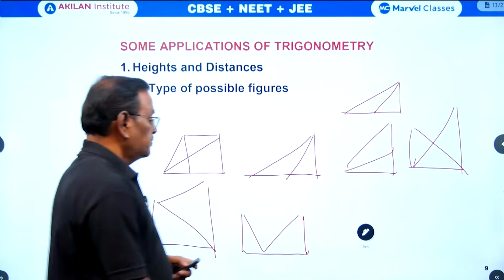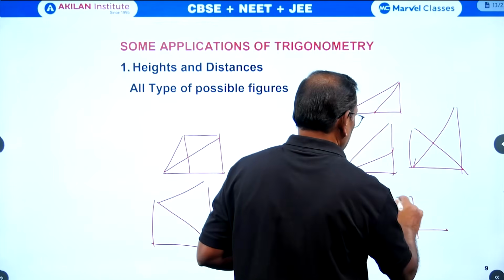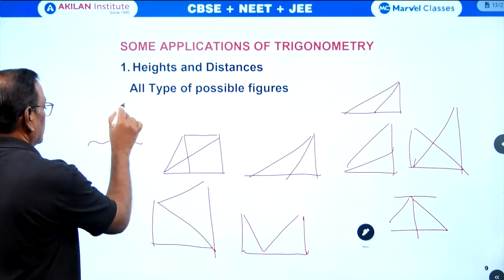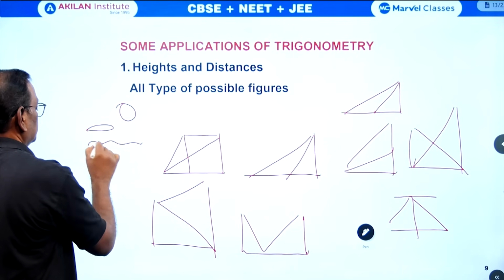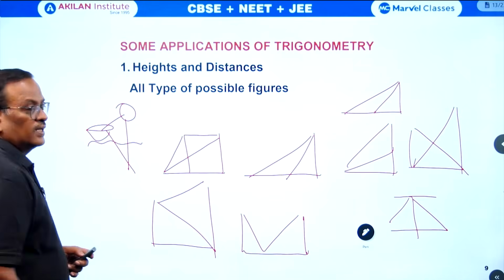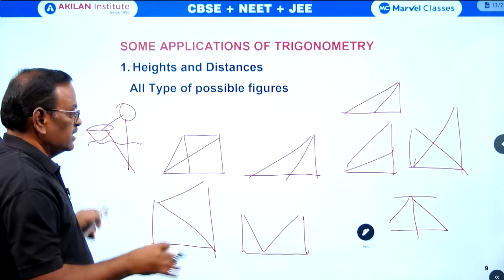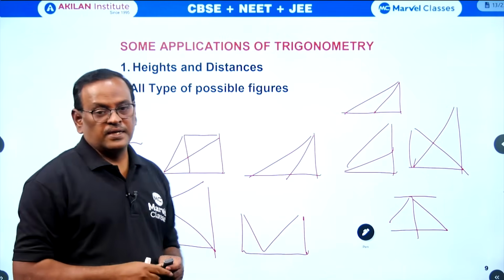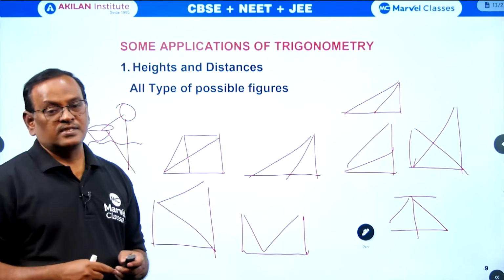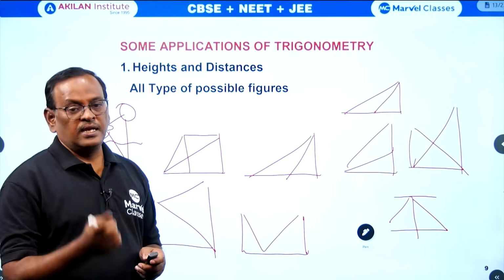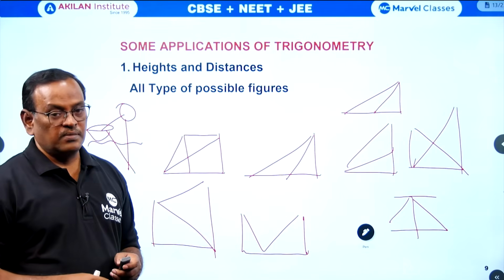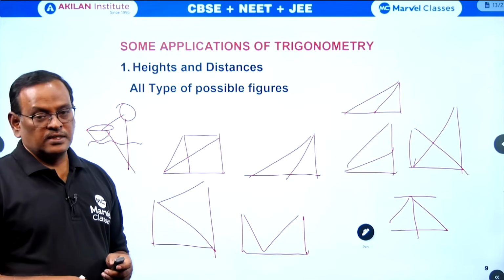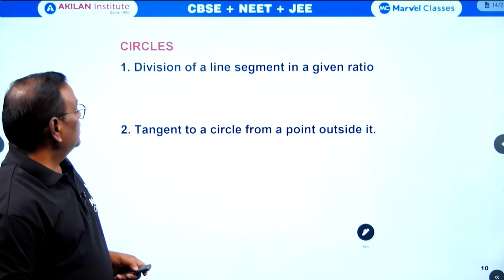Okay, and cloud sum: find the height of a cloud. So these are all the standard 3 marks and 5 mark questions. Again, you can expect a case study question in this chapter. So both trigonometry and heights and distances, you have 10 marks, which includes 5 marks case study, 2 marks and 1 marks.